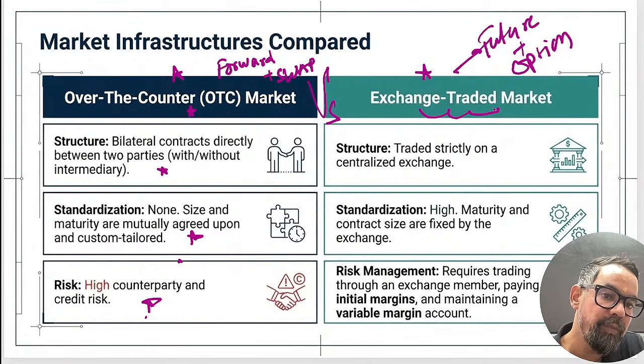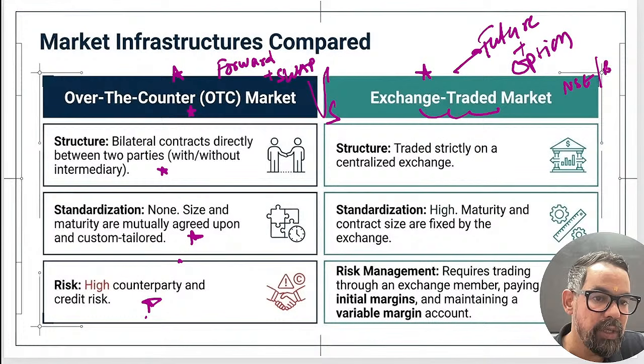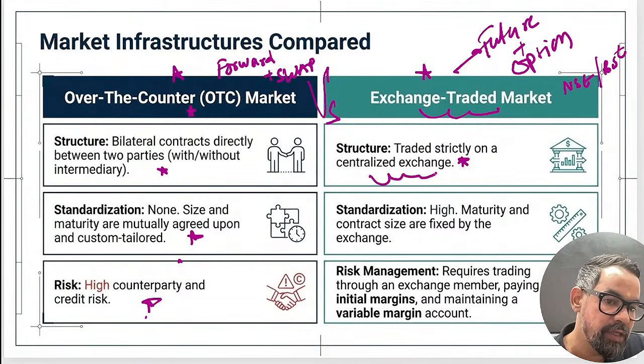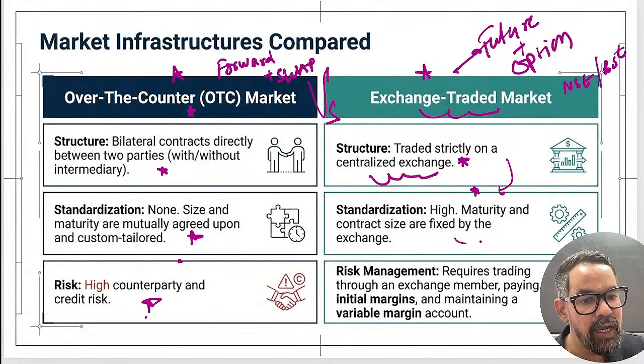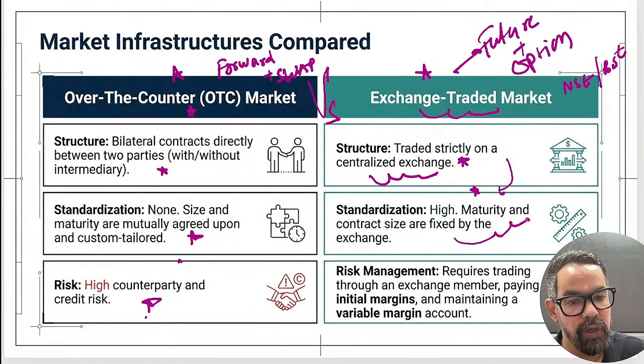Exchange traded contracts get traded on recognized stock exchanges like NSE and BSE. They are strictly on a centralized exchange. They are standardized, meaning the contract size, maturity or expiry date, and lot size are all decided by the exchange itself. You cannot modify them according to your requirement.